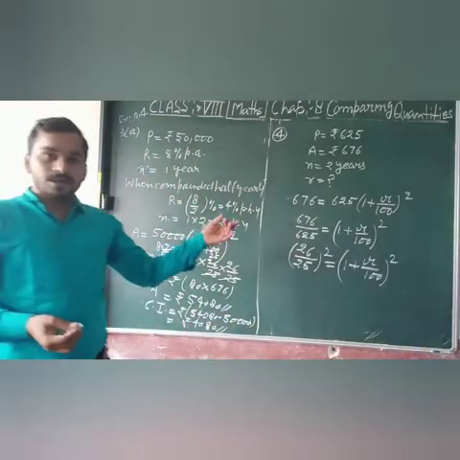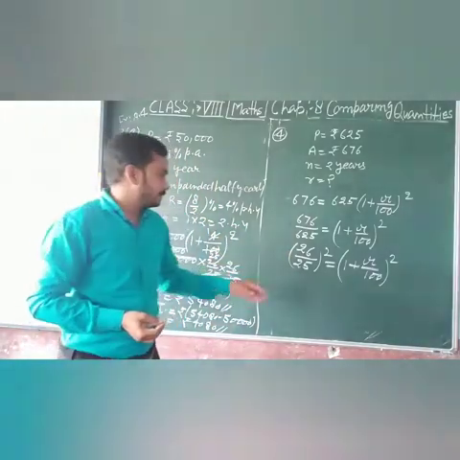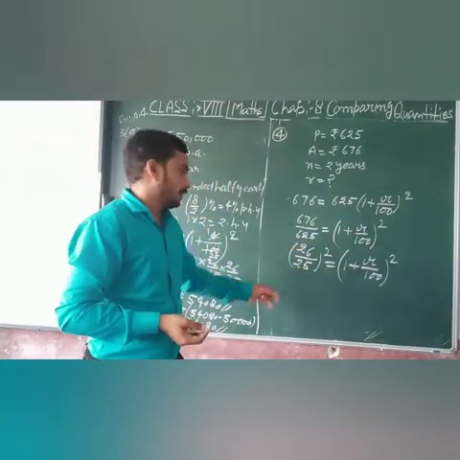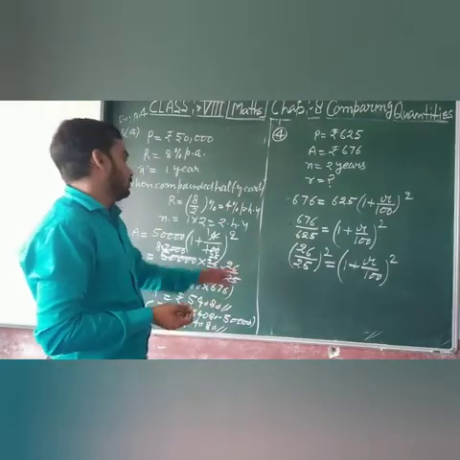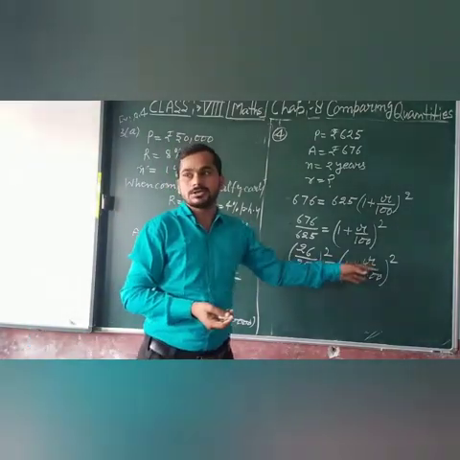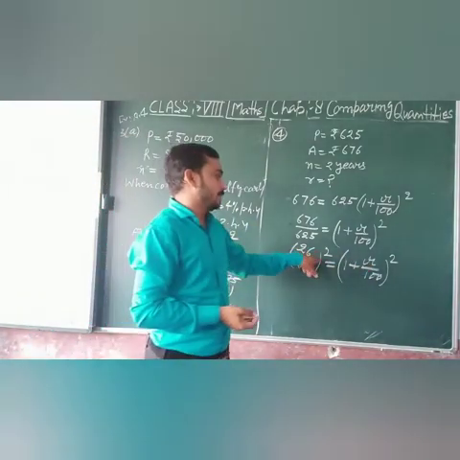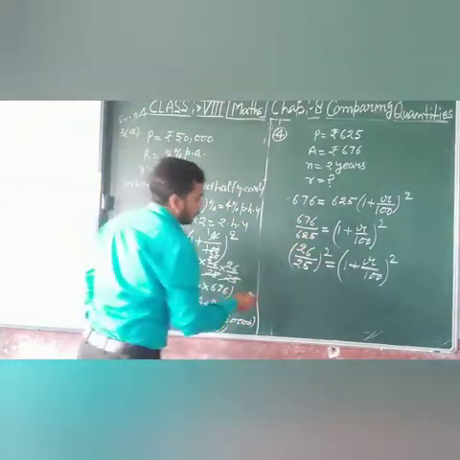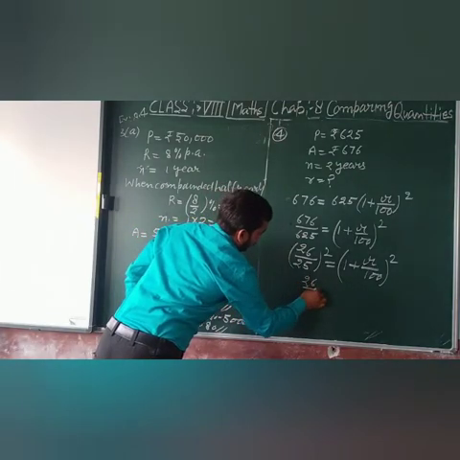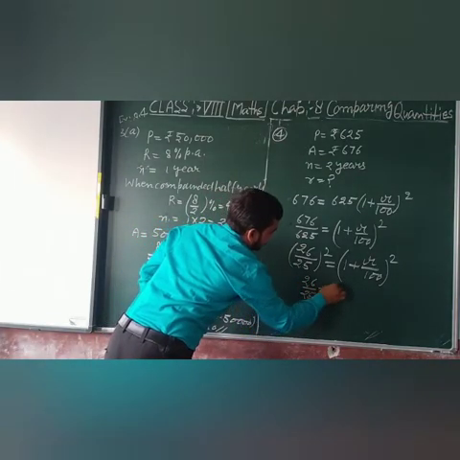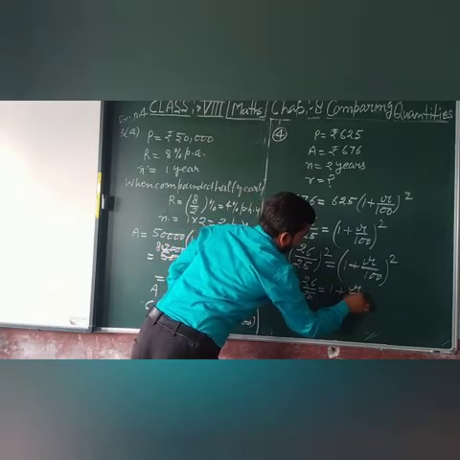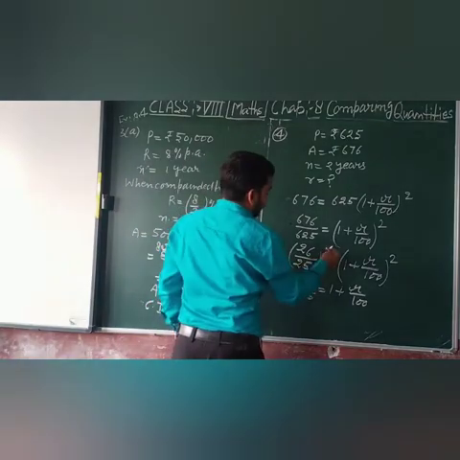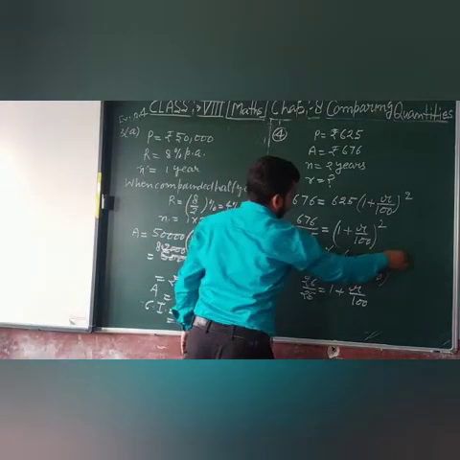Again, according to the law of exponents, when we have the same exponent we compare the bases. In the previous question we had the same base, comparing the powers, but here we have same exponents, so we have to compare the bases. So 26 upon 25 is equals 1 plus R upon 100. Because powers are same, 2 divided by 2.